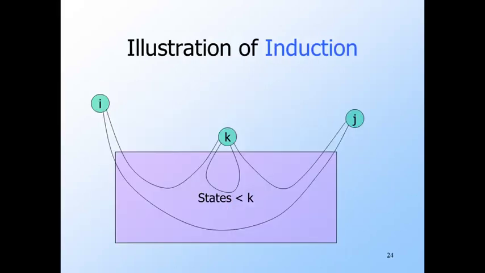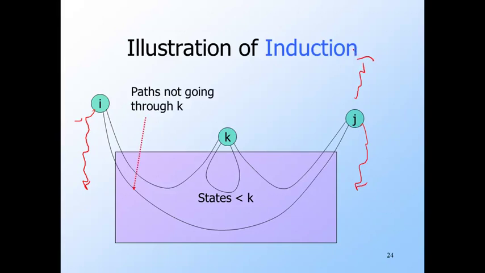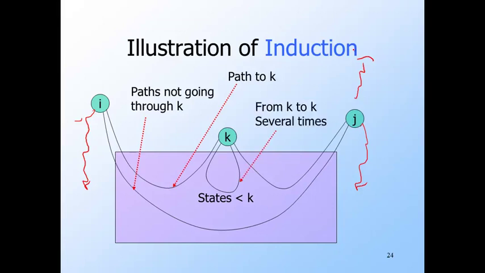Okay. Here's a picture of what a k path looks like with the vertical axis representing the state number. We've shown i and j above k, although they could be at any height. That is, for example, i could be down here, so could j, or they could be higher. Doesn't matter. Okay. So one possibility is that the k path never goes through state k, or it could go through state k for the first time, but only through lower states.